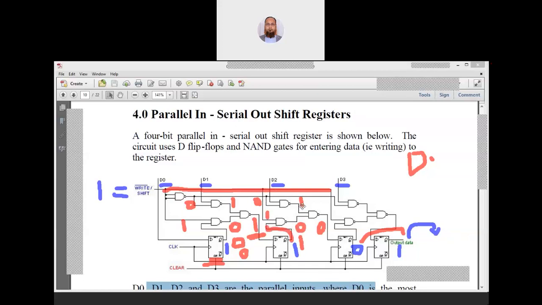With one input 1 and another input 0, the output will be 1 here. And you can see that when the clock comes, this 1 will reach here. So the new outputs are 1, 1, and on the left is 0.